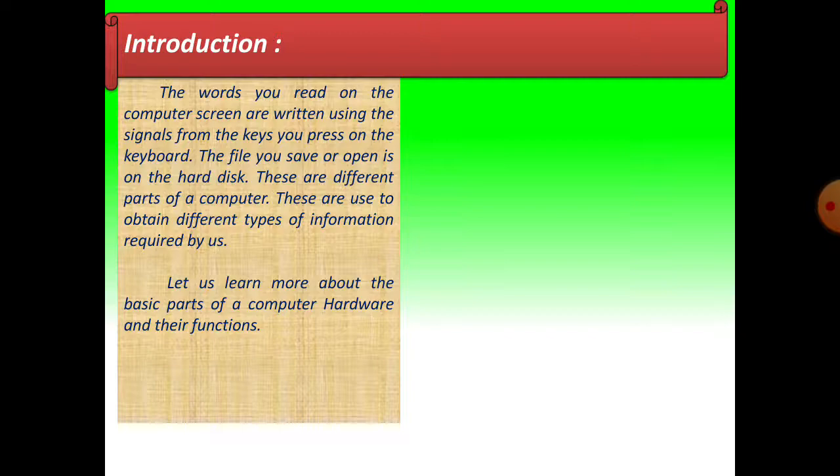The file you save or open is on the hard disk. Those are different parts of a computer. Those are used to obtain different types of information required by us. Let us learn more about the basic parts of a computer hardware and their functions.